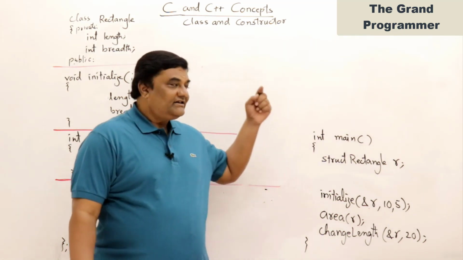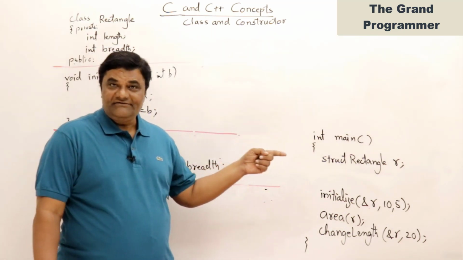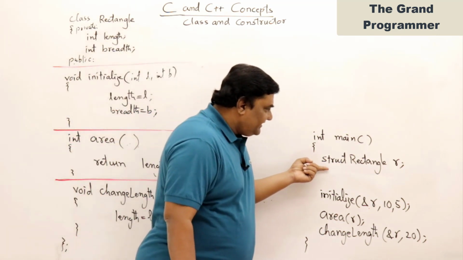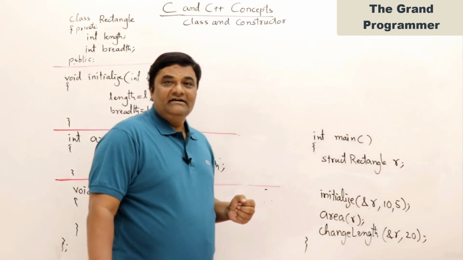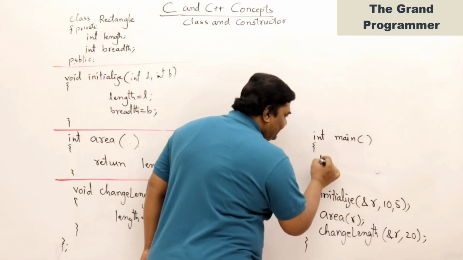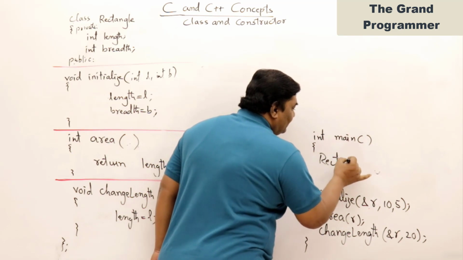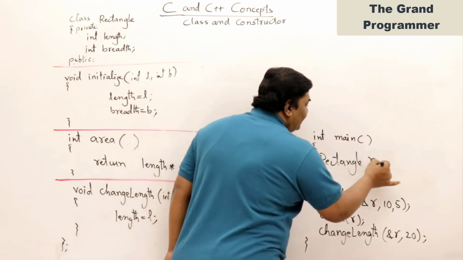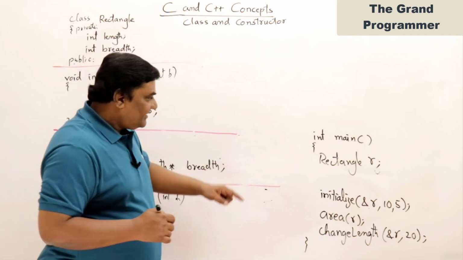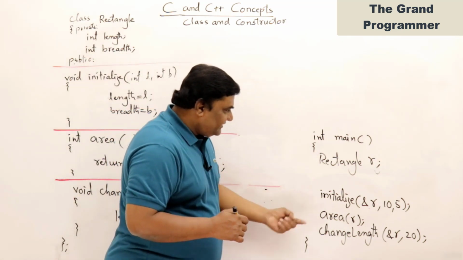Now how it will affect inside the main function, I will show that one. Then again I will come back here. Inside the main function, I have created a variable of type rectangle structure. So now I will change it and I will simply say rectangle R. Now we call this an object. Instead of a variable, we call it an object. Then how to call these functions?